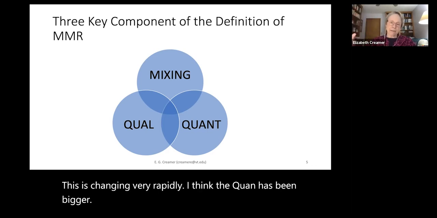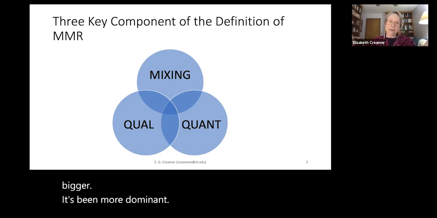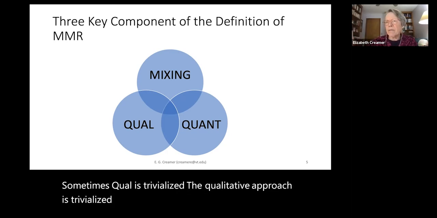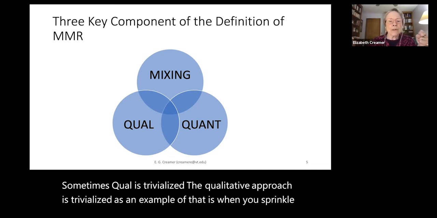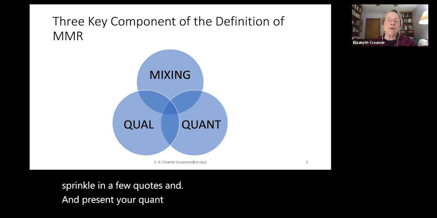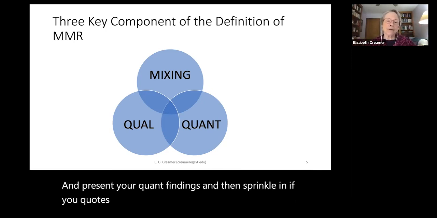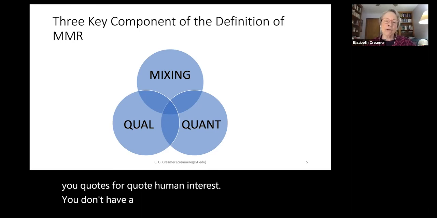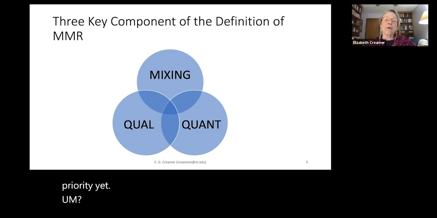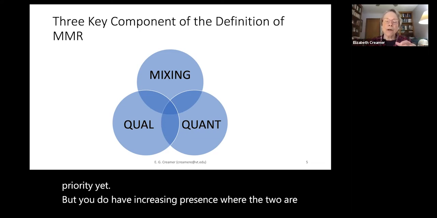It's been more dominant. Sometimes the qualitative approach is trivialized. An example of that is when you sprinkle in a few quotes and present your quant findings, and then sprinkle in a few quotes for, quote, human interest. You don't have a lot of qual dominant or qual priority yet, but you do have increasing presence where the two are very strong.